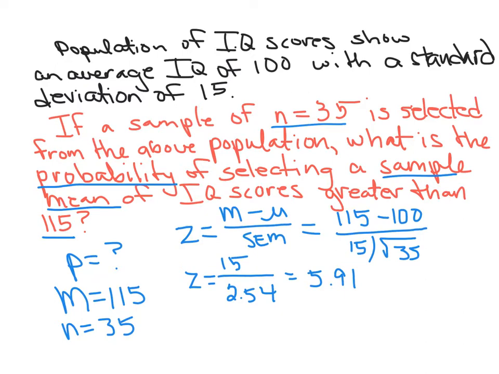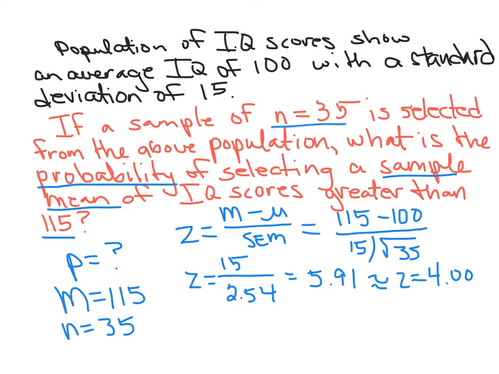Because if you look in your unit normal table, the very last z-score is 4. I would say use the highest z-score available. So we're going to use z equals 4 as it's the highest z-score that our textbook unit normal table gives us, which is just an estimate at least.